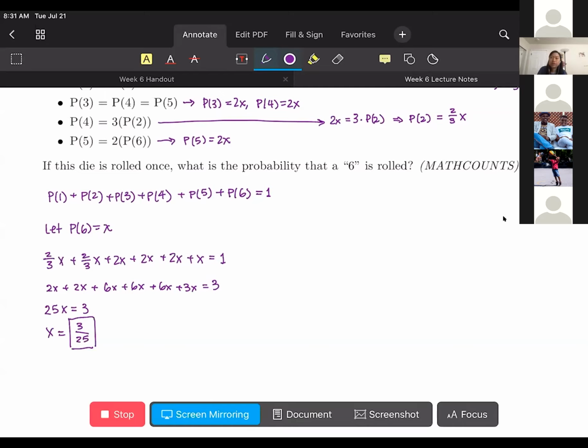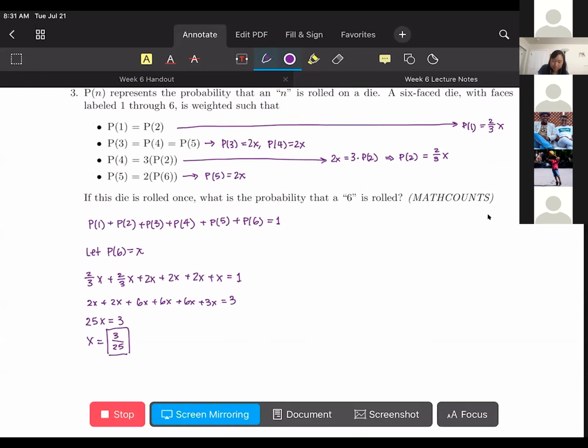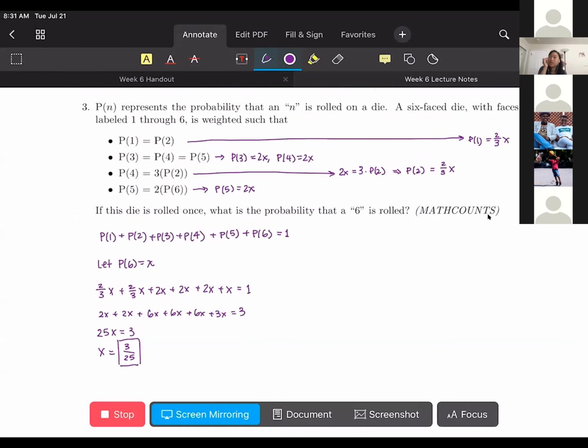So 3 over 25 is the probability that we'll roll a 6. Any questions or thoughts on this one?